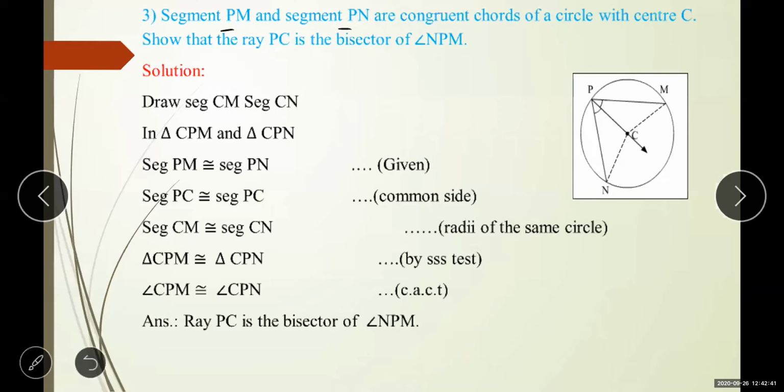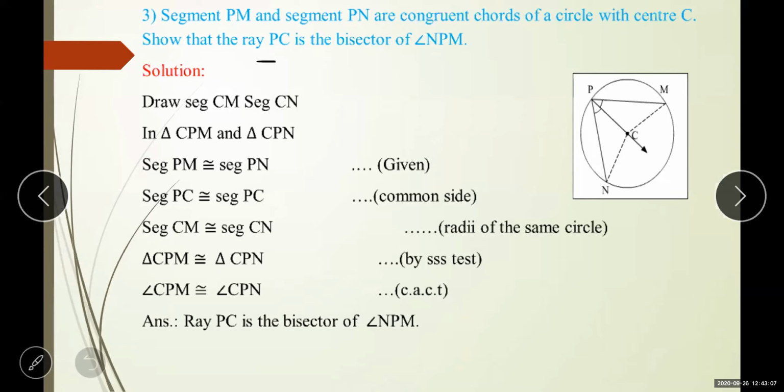So these two chords are like this, PM and PN. And this is the ray, PC, the bisector. Now you also know the concept of bisector. Bisector means it divides the angle into two equal measures.